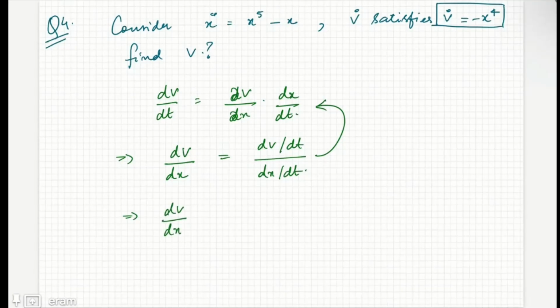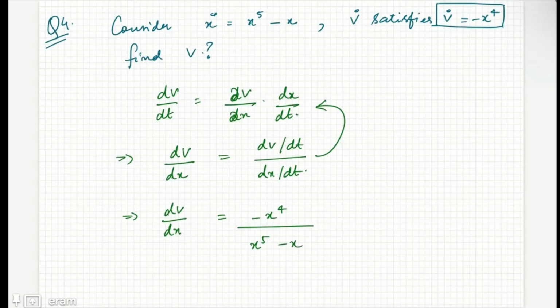Now let's solve this. So dv by dt is given as minus x to the power 4, and dx by dt is given to us as x to the power 5 minus x. Now dv can be written by integrating.